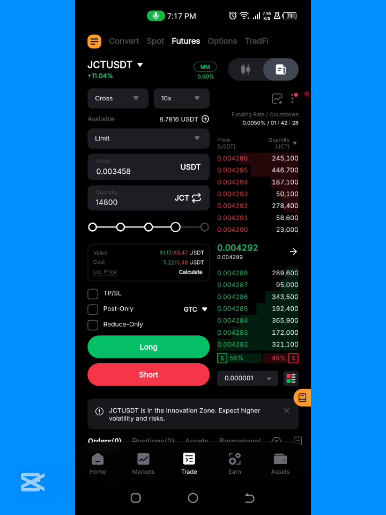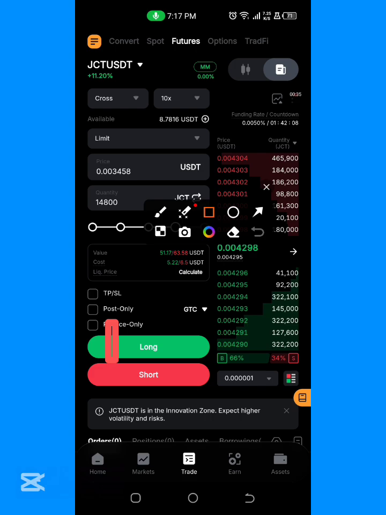First of all, I need to explain that there are two ways of making money when it comes to futures trading. The first one is to predict the price of a token to go up, which is called long or buy. In some other platforms, you may see buy.